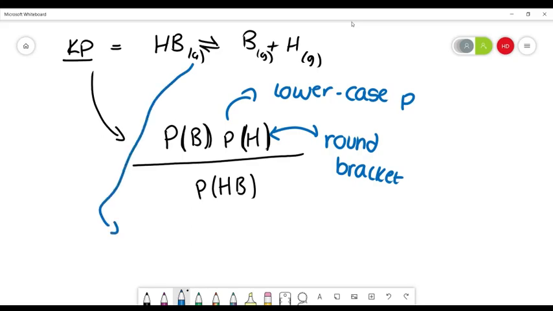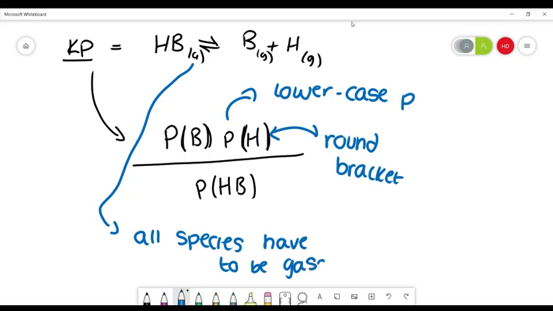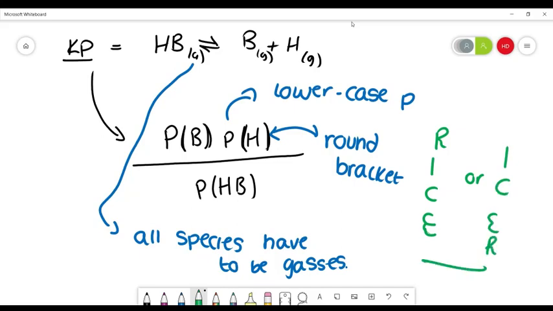Also, for this, all species have to be gases. So again, you could still have more complex questions. For example, like we talked about with the Kc ones, you could still have RICE or ICE calculation questions to do, and I'll talk about that a little bit later.